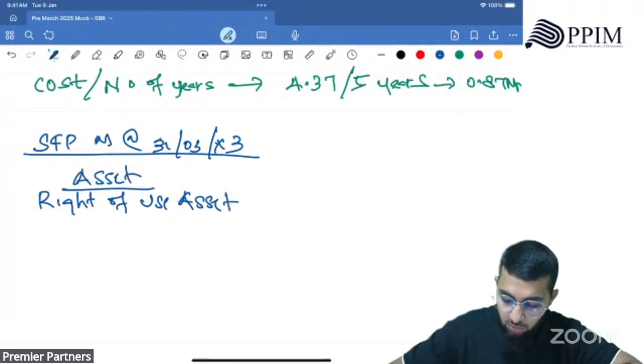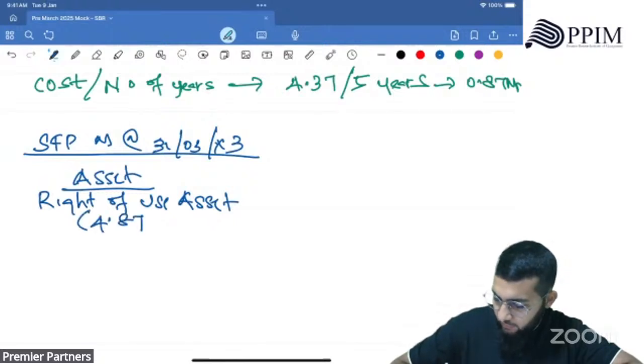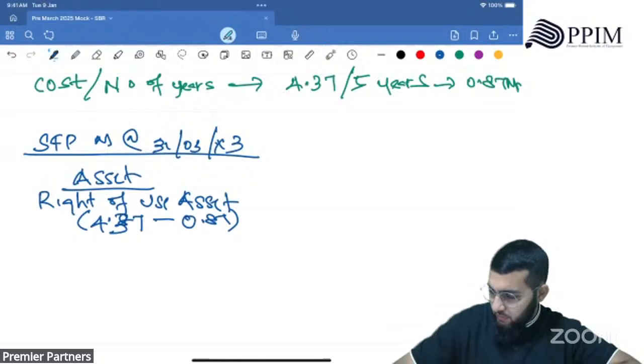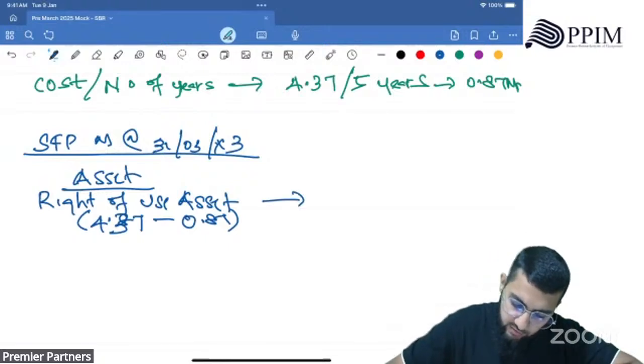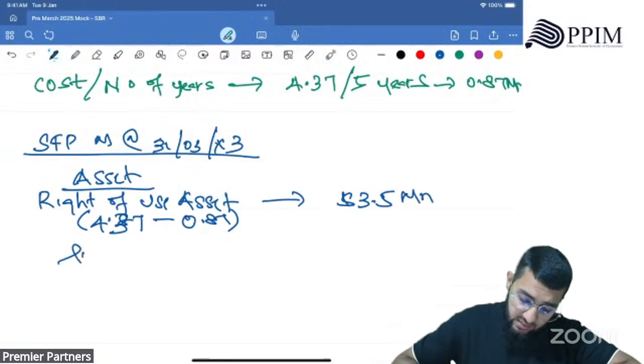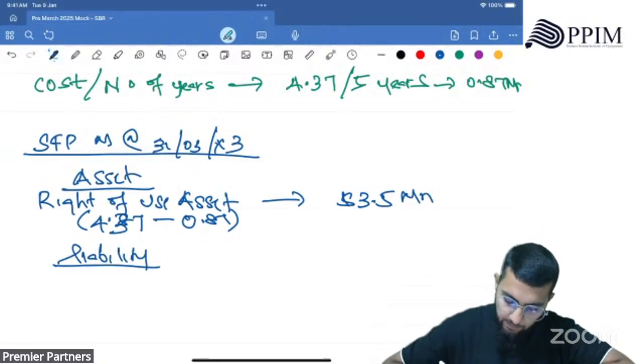The carrying amount of how much? 4.37 minus 0.87. So that is 3.5 million. And liability, we split that as current and non-current.